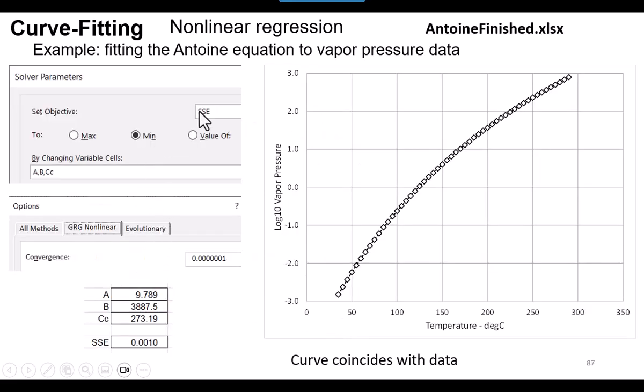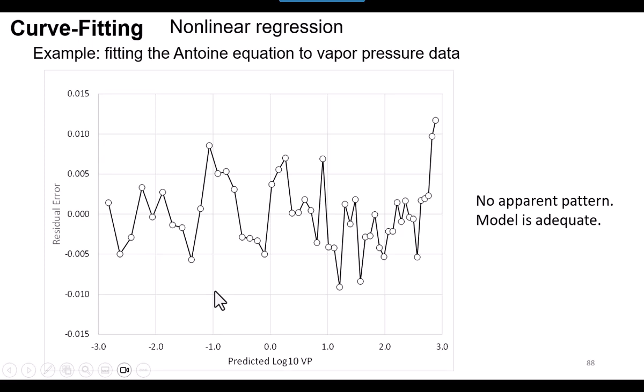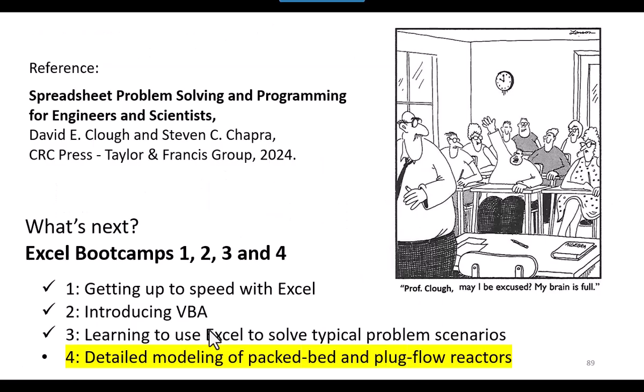And then we set up to minimize the sum of squared errors by changing these, and it gave us a very small sum of squared errors, and the curve coincides very closely with the data. And these represent the residuals versus the fits, and the model turns out to be a very good fit, and that's where we are left with nonlinear regression.